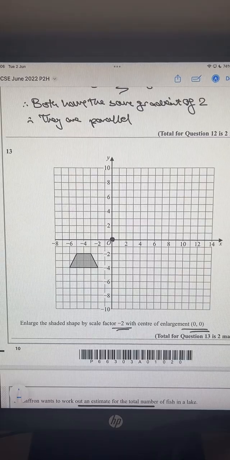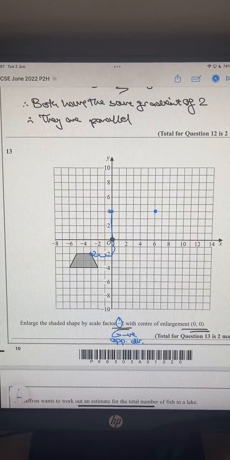So I know that I'm enlarging it, so the sides are going to get bigger, and also the distance from this point is going to be bigger. However, it's also going to be in the opposite direction. Negative means opposite direction. So here I'm going 1, 2 down and 1, 2, 3 across to get to this point. So I'm going to go 4 up here, and I'm going to go 6 across here. So that is my first point.